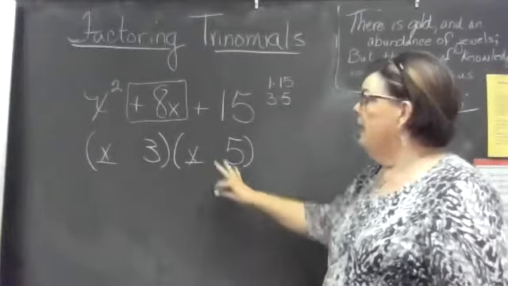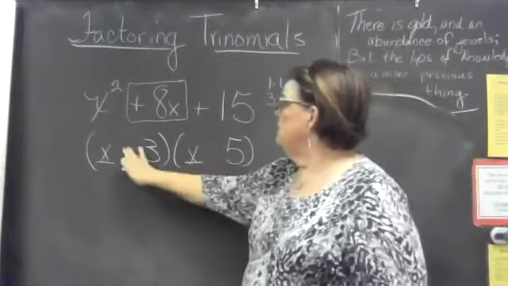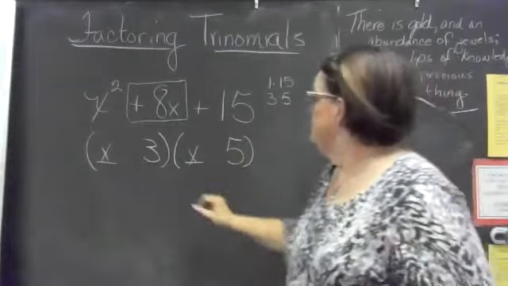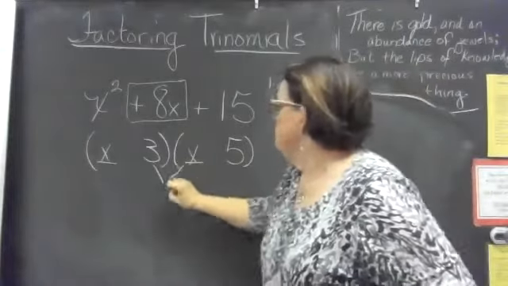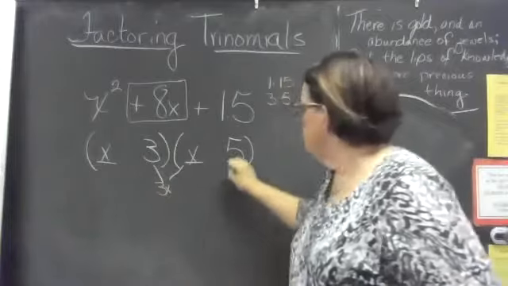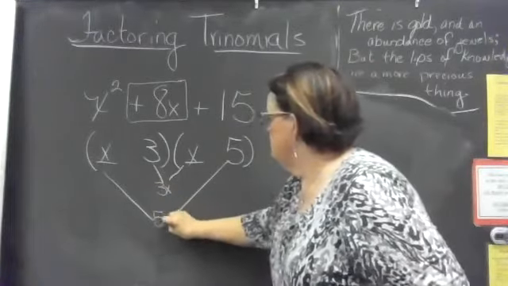But here's what you do now. Now you need to know what sign goes in here and here. And on these first ones, you can kind of tell. But here's the process. You multiply the insides together and you've got a 3x, right? Multiply the outsides together and you have 5x.